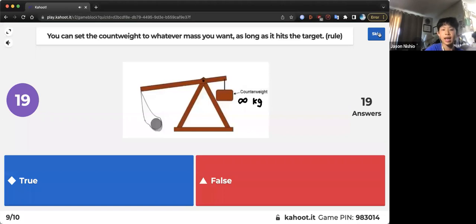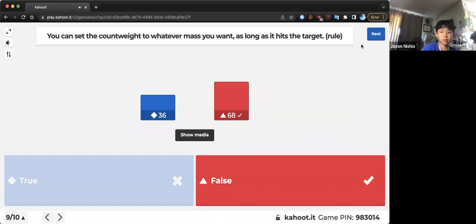You can set the counterweight to anything you want. Infinite kilograms. This one should be pretty easy. I don't know why you guys got this one wrong, but basically the competition hosts set the weight and stuff like that on their own.